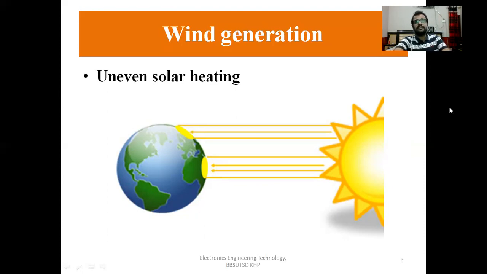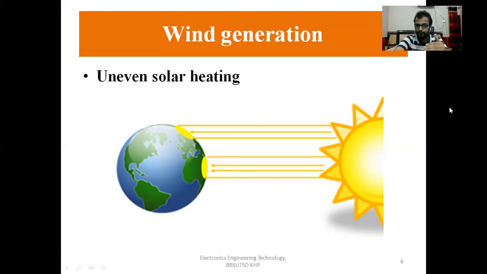Hot air with lower air density at the equator rises up to the high atmosphere and moves towards the poles, and cold air with higher density flows from the poles towards the equator along the earth's surface, without considering earth's self rotation and the rotation induced Coriolis force.